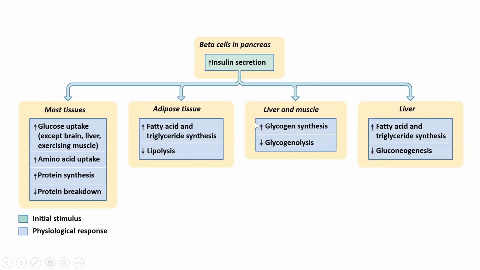In the liver and muscle, we're going to increase glycogen synthesis and we're going to decrease glycogenolysis. And then in the liver, we're going to increase fatty acid and triglyceride synthesis again, and we're going to decrease gluconeogenesis, okay? So we're decreasing these processes: gluconeogenesis, glycogenolysis, lipolysis, and protein breakdown or proteolysis.